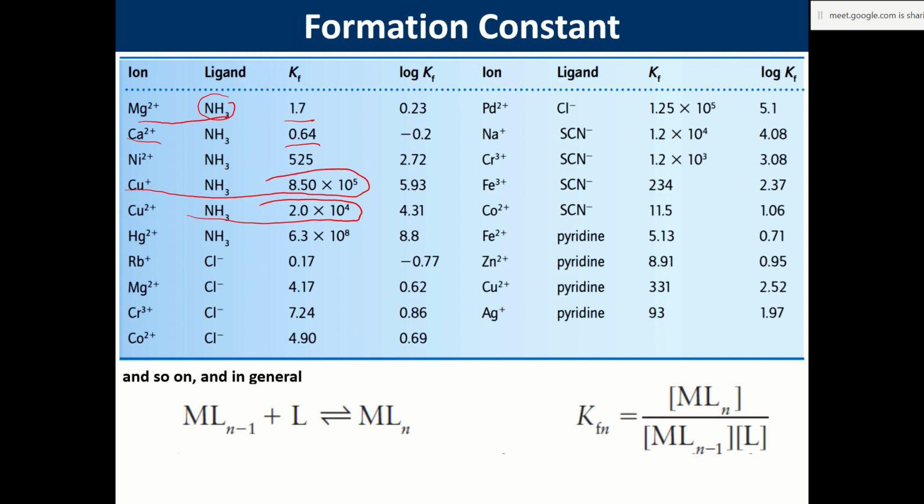So what does that indicate? It means that when equilibrium is achieved, the concentration of the product is 10 to the power 5 times larger than the reactant. So suppose this is 10 to the power 5. For example, let's take the example of copper here.